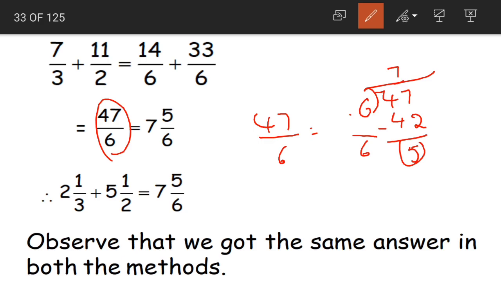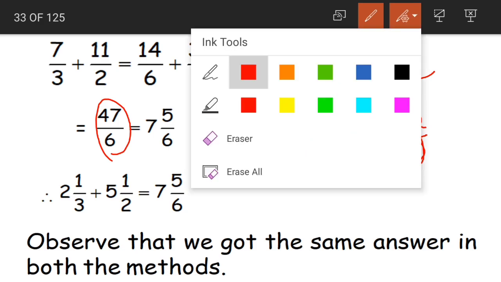Now what about this quotient? Quotient will be the whole number part. And what about the numerator? The remainder will be our numerator. The denominator will be the same. No change in denominator. Quotient will be the whole number and then remainder will be our numerator. So 47 by 6 is nothing but 7 5 by 6.